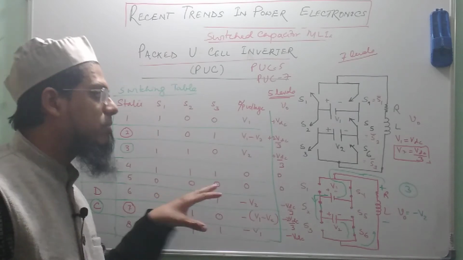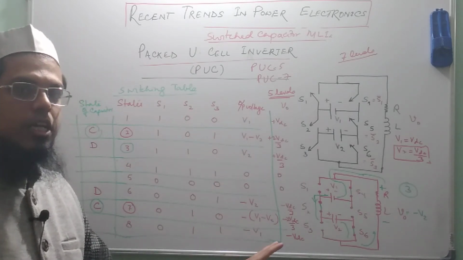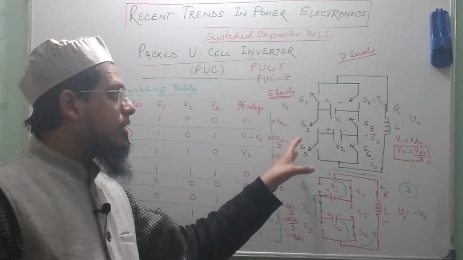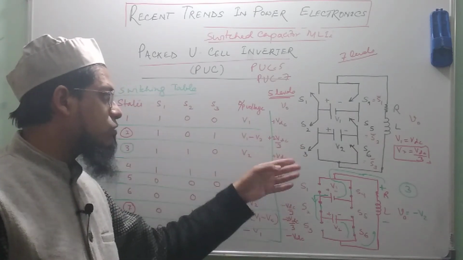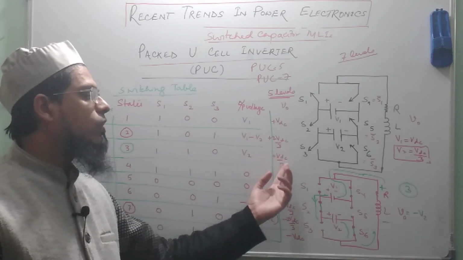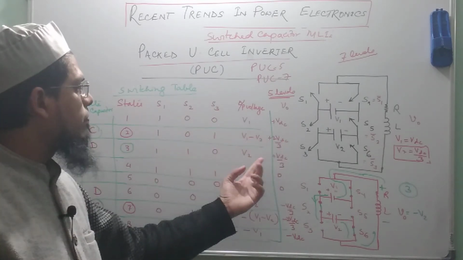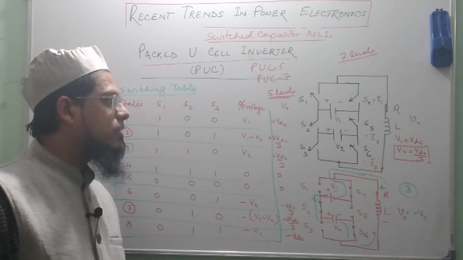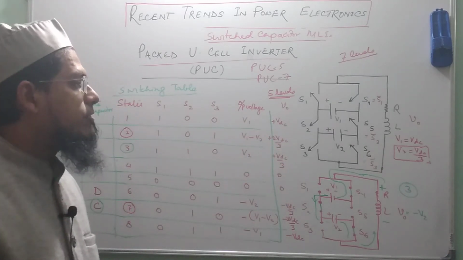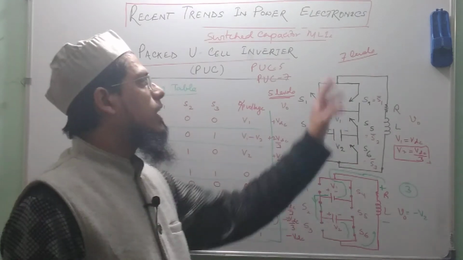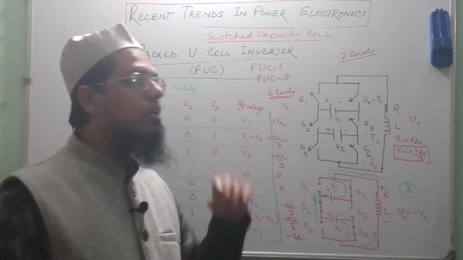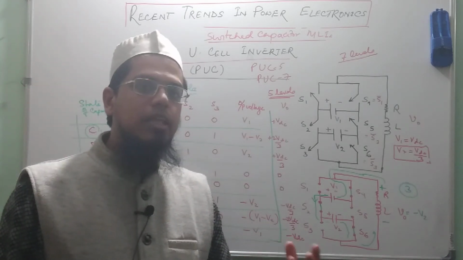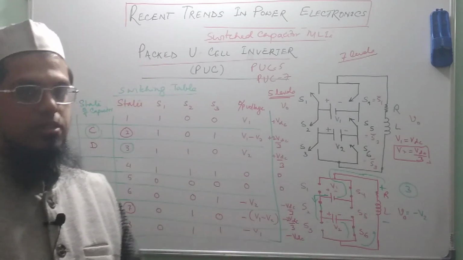There is no inherent mechanism in the switching state, because there is no redundancy in the levels, apart from this 0 level there is no other redundancy. So, that means because of this we cannot actually obtain a 7 level PUC inverter which is having self voltage balancing capability of the capacitor.